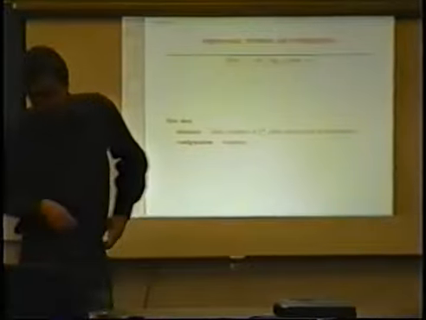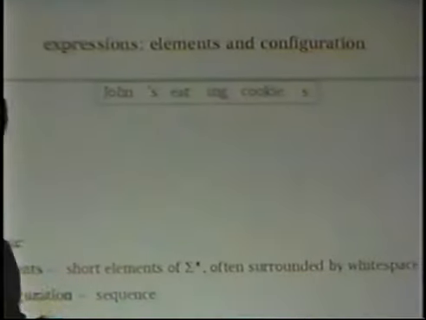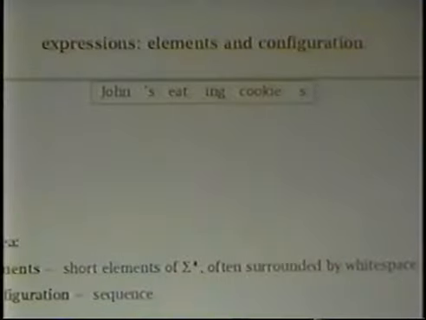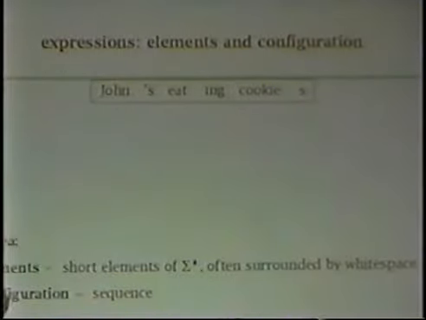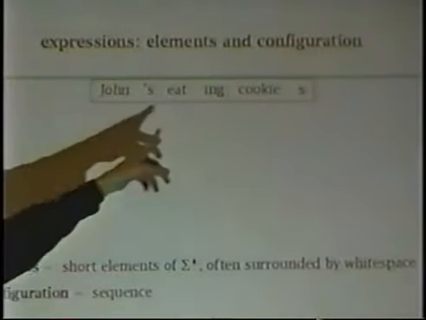So the basic idea is the familiar one. We're going to look at utterances, and there'll be English-like utterances in the examples I'll use in this talk. And there are many problems which come up right away. One is a segmentation problem. How do you segment the utterance?